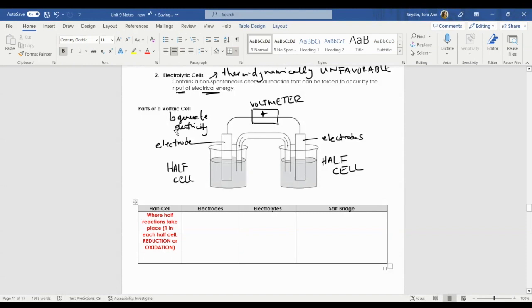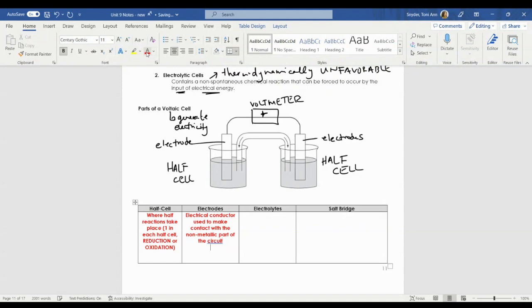But let's get down what these electrodes are in this case. So, an electrode is an electrical conductor that's used to make contact with the non-metallic or the solution part of the circuit.